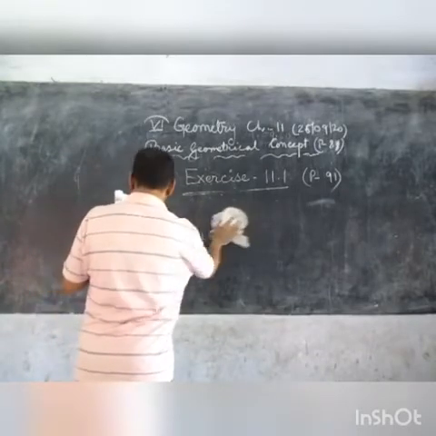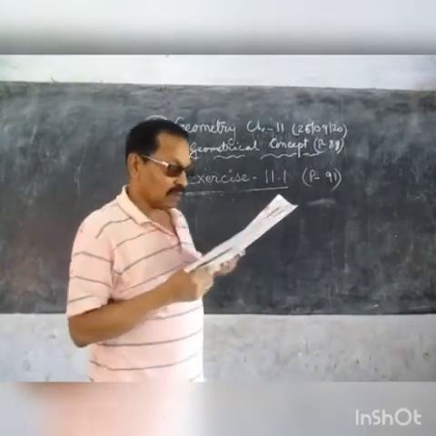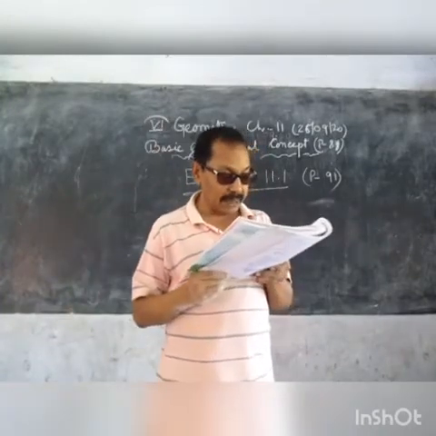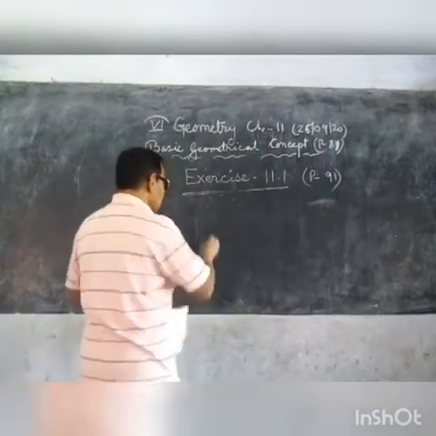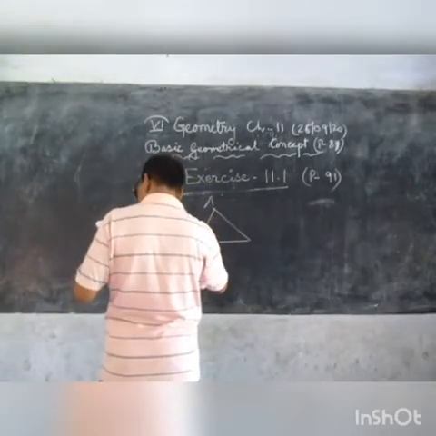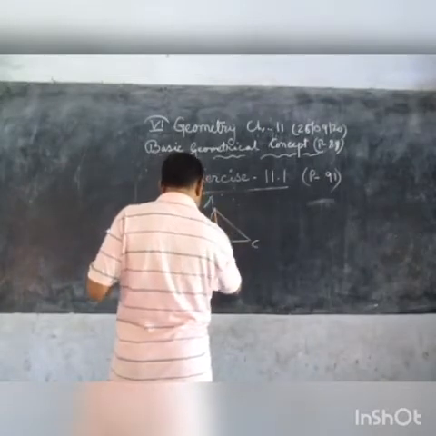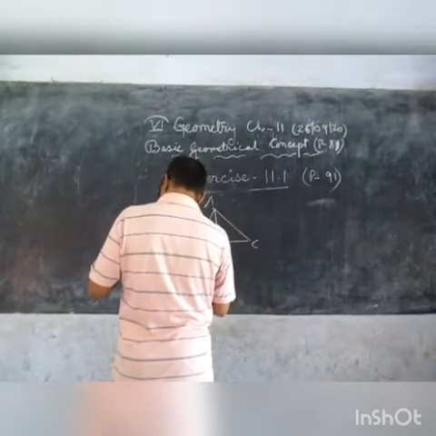Then 6. Count the line segments in each of the following figures. First of all, A, B, C. This is a triangle given here. A, B, C, D. So count the line segments.